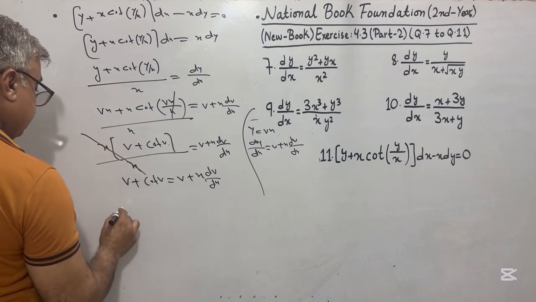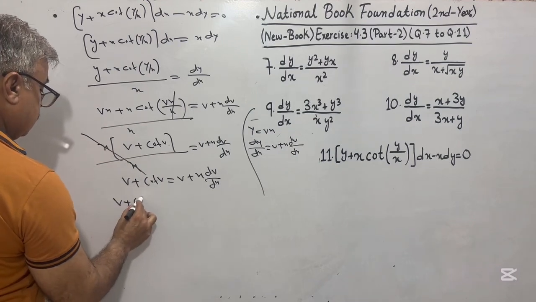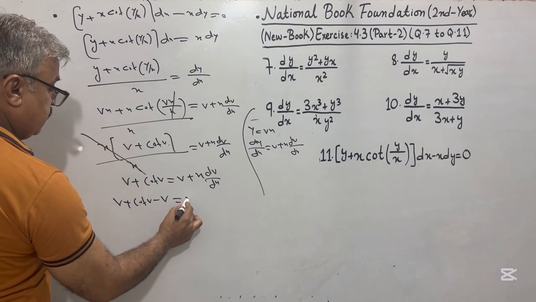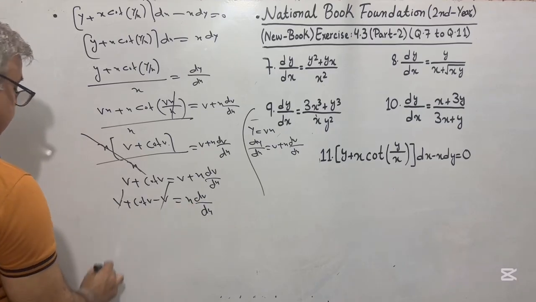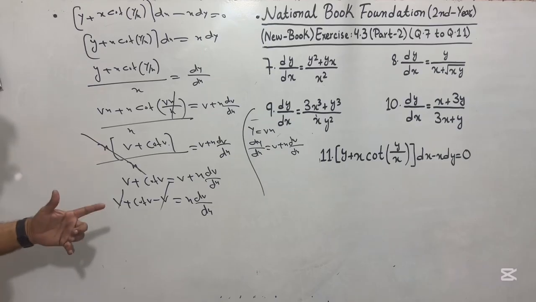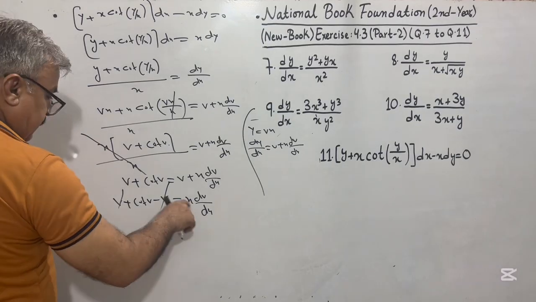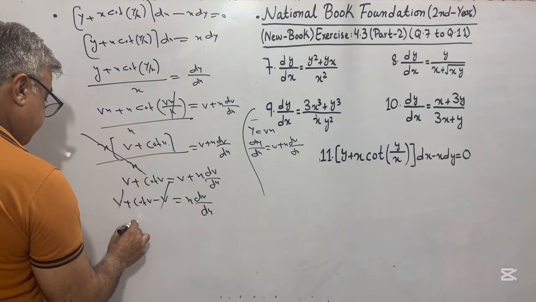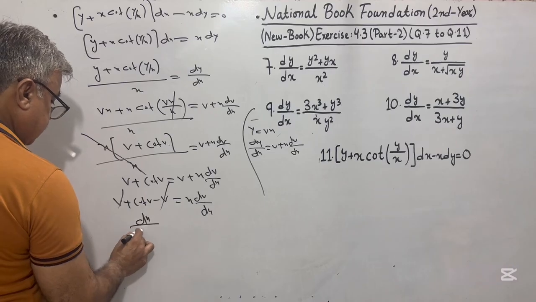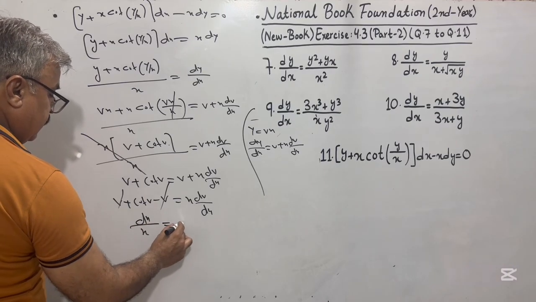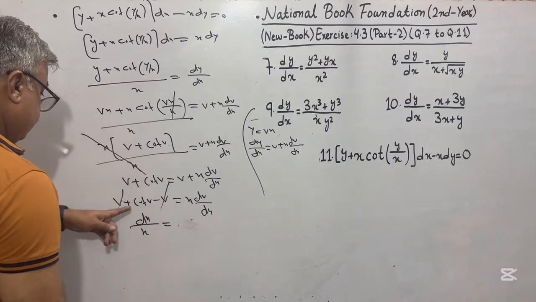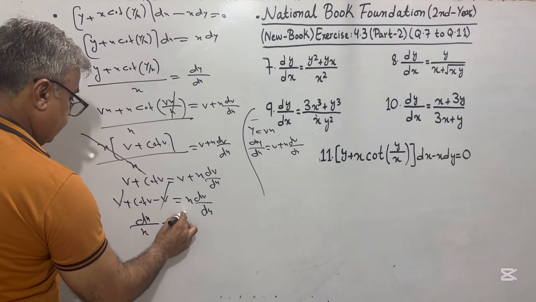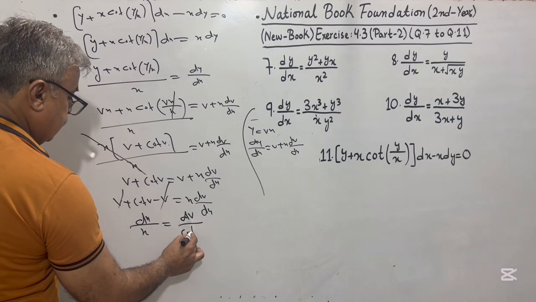Shift v here. v plus cot v minus v is equal to x times dv over dx. v cancelled out. Now it's a separable differential equation. Shift dx and x here, cot there. Mathematically, we have dx over x is equal to dv divided by cot v, that is 1 over cot v.